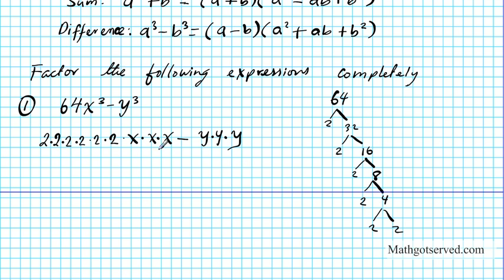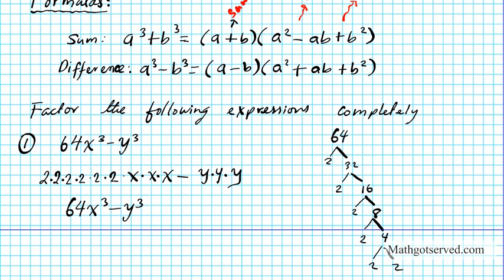So I'm going to reassemble it back together: 64x to the third minus y to the third. Now, which formula am I going to use? The sign ultimately determines the right formula. If it's a plus in between the two cubes, you use a sum. If it's a minus, you use a difference.